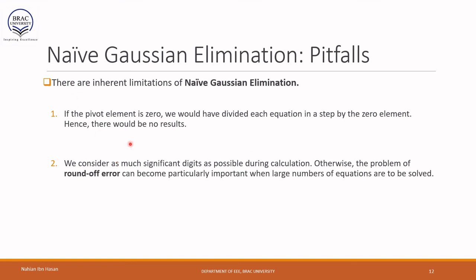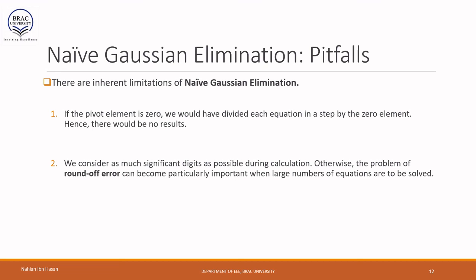Also, there is an issue of round-off error. When a large number of equations are considered, in each of the steps a substantial amount of round-off error is included, and as a result, whenever we have say 1000 equations in the system, in each step we are going to incorporate some round-off error in each of the terms, and as a result, after the whole calculation, the error term might accumulate and get higher and higher.